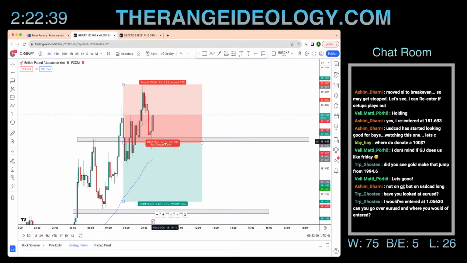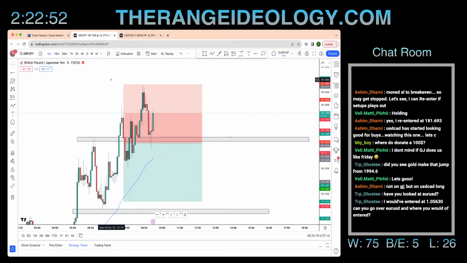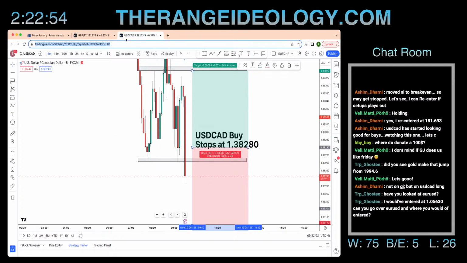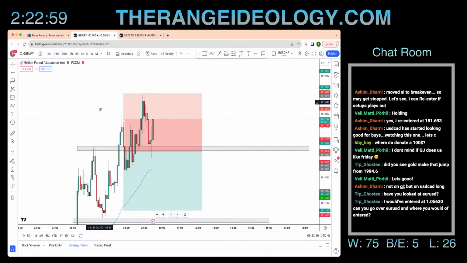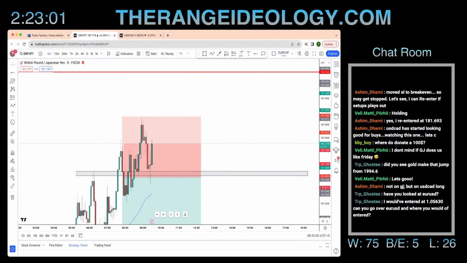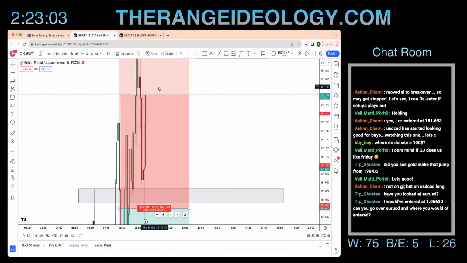So if it does come back to break even, little hint on USD CAD here. But GJ, wow, look at that push. No bottom wick. Came and filled up this candle wick up here. And now I may come right back down. Let's see.